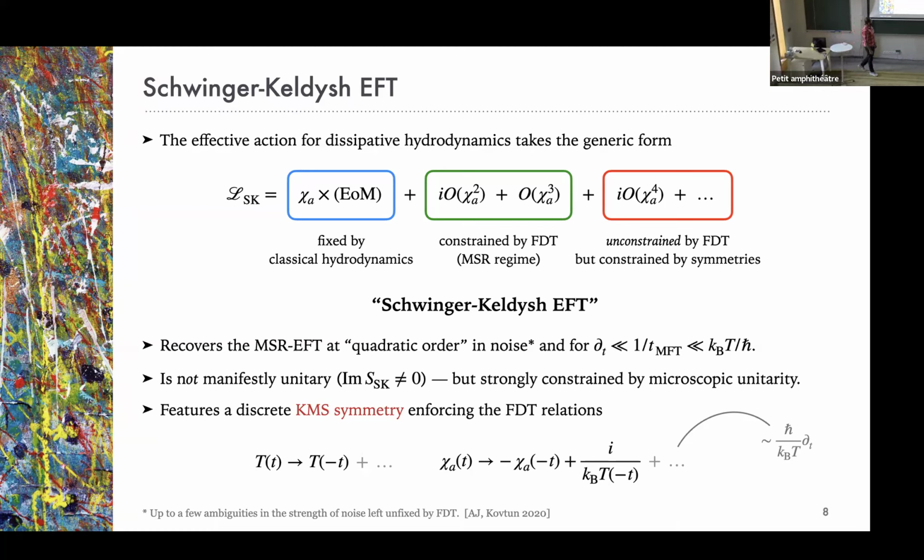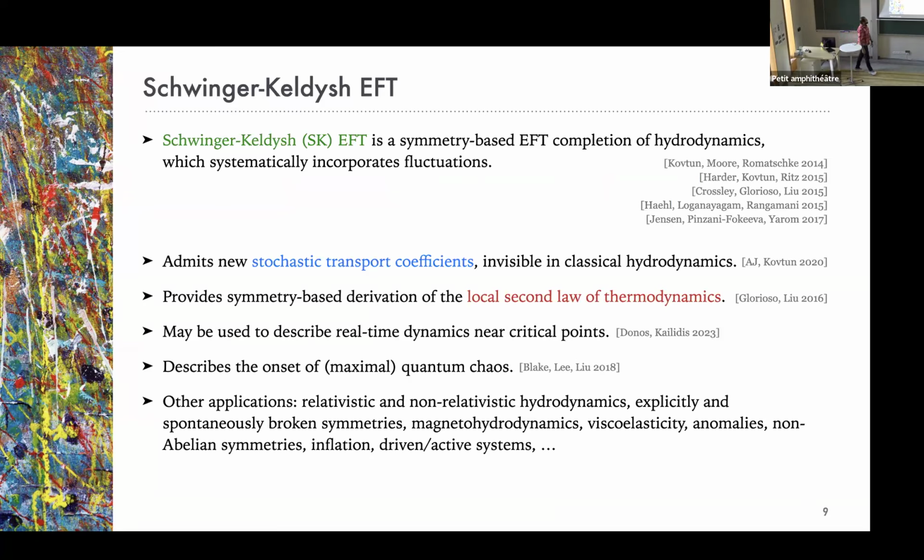There will be a new symmetry in the theory, known as KMS symmetry, which will impose the fluctuation dissipation relations. I'm not going to bore you with it, but essentially you can test that this is a symmetry of the theory. This is a Z2 symmetry, and it imposes fluctuation dissipation relations.